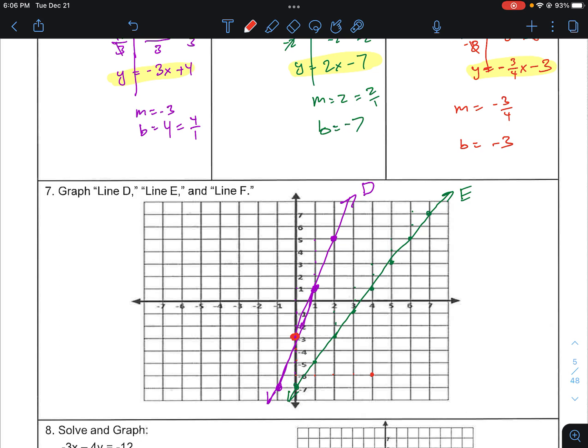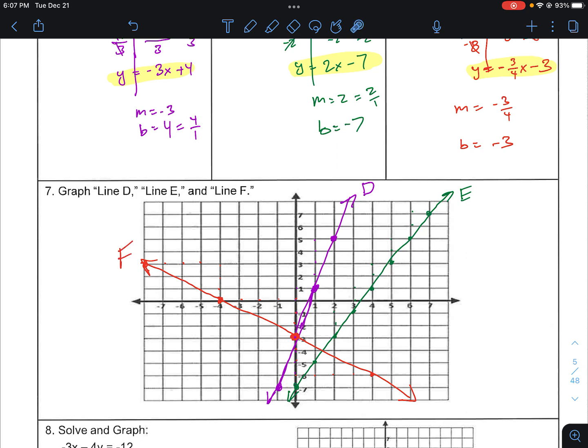I can't go further that way, but I could go backwards: 1, 2, 3, 4. So let's take a look at this. Okay, and this is line F right here.